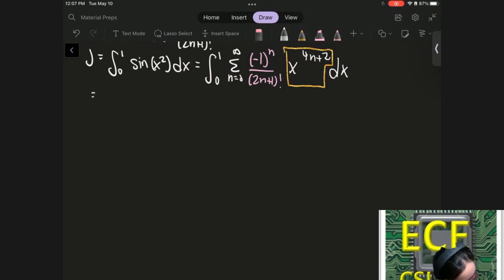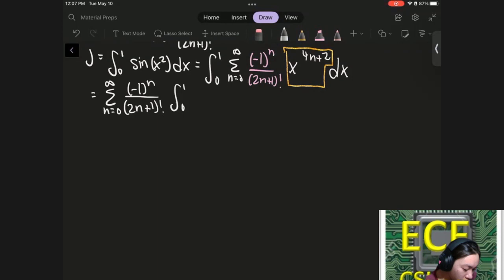It'll be the sum to infinity of (-1)^n over (2n+1) factorial times the integral from 0 to 1 of x to the 4n plus 2 dx.